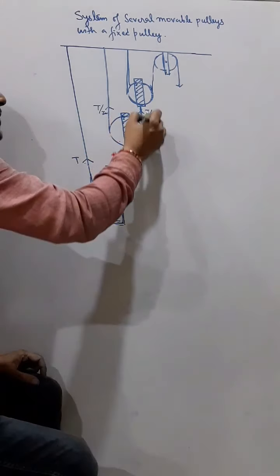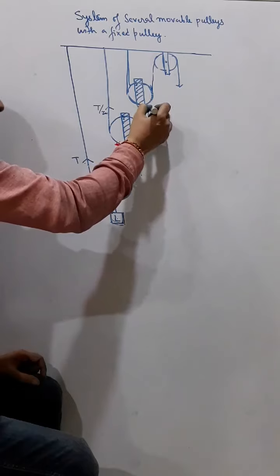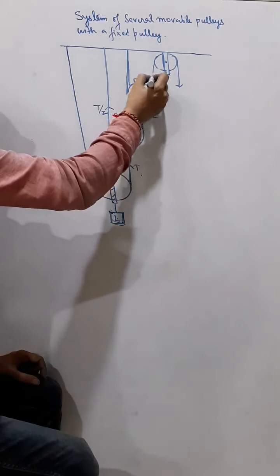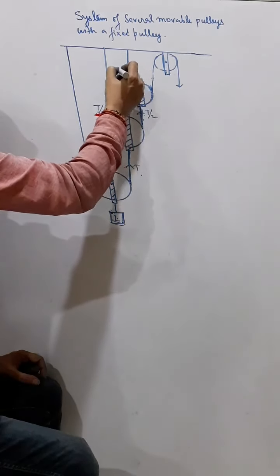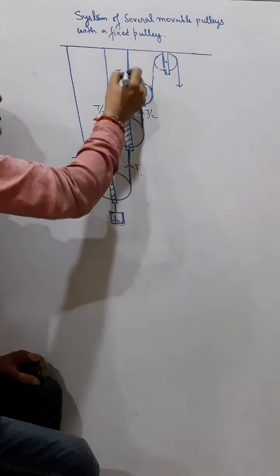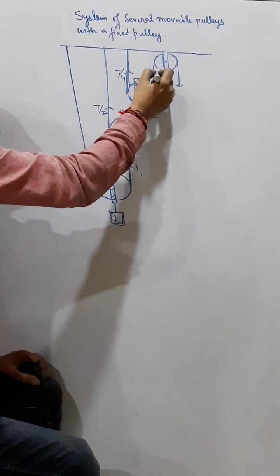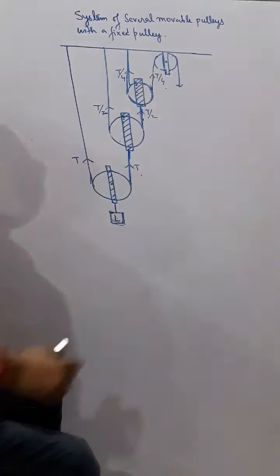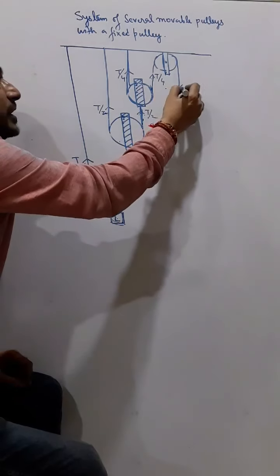Now again the weight that is exerted, that is T by 2, is divided into 2 parts. So here you have T by 2 by 2, so T by 4, and here you have T by 4. And now here you are applying effort.